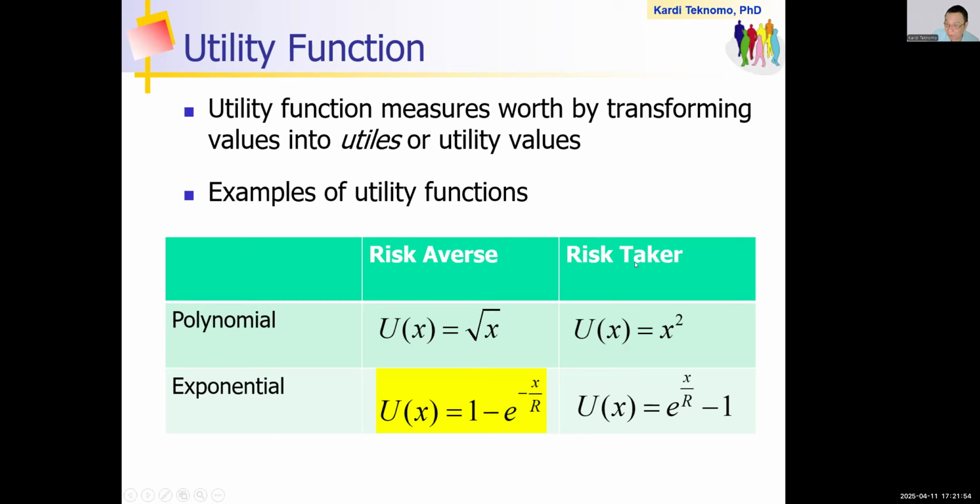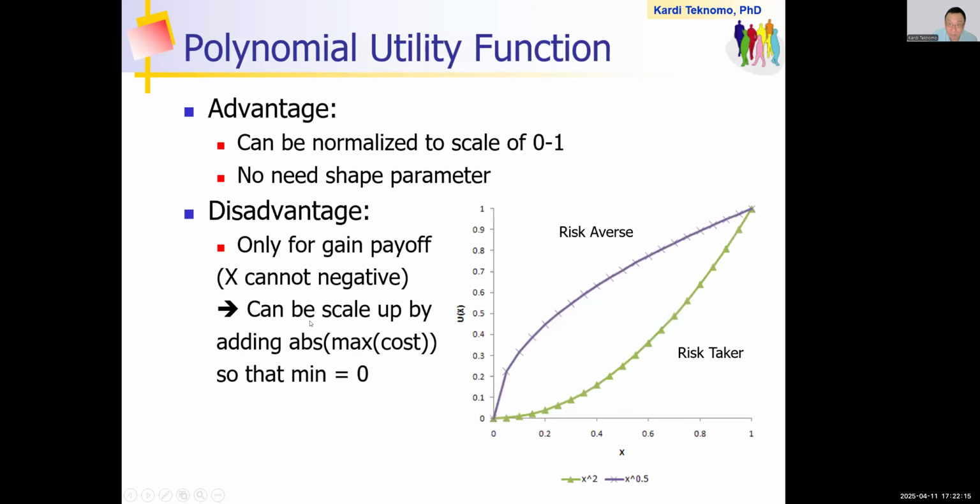But if you are a risk taker, you use this function: e to the x per r minus 1, the same r. So let's plot this. Let's discuss the first function, the polynomial.